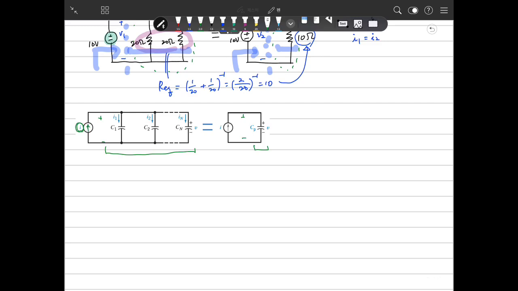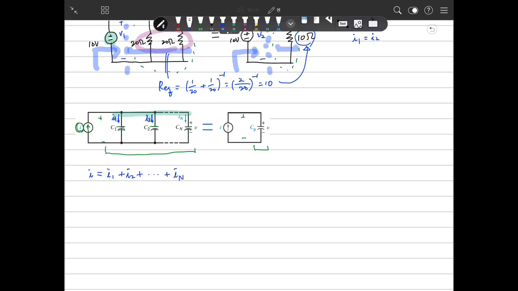It is I, and we have N capacitors here. Then, based on the KCL, because this is one node, I is the same as I1 plus I2 plus ... plus IN.